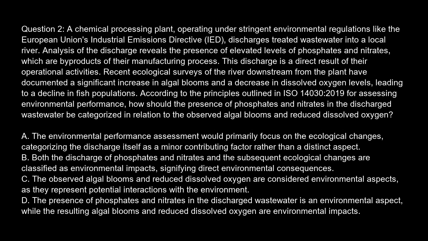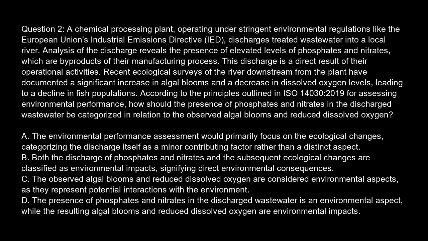Option A. The environmental performance assessment would primarily focus on the ecological changes, categorizing the discharge itself as a minor contributing factor rather than a distinct aspect. Option B. Both the discharge of phosphates and nitrates and the subsequent ecological changes are classified as environmental impacts, signifying direct environmental consequences.